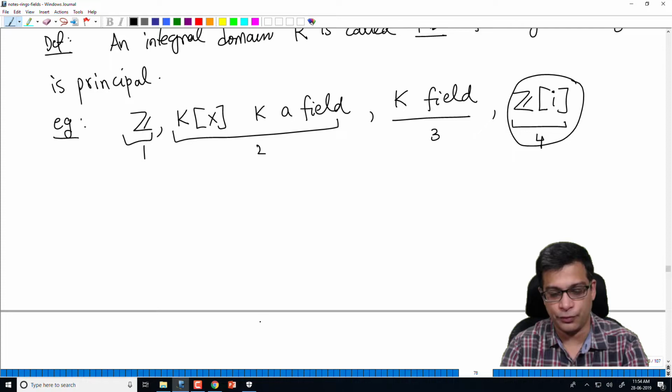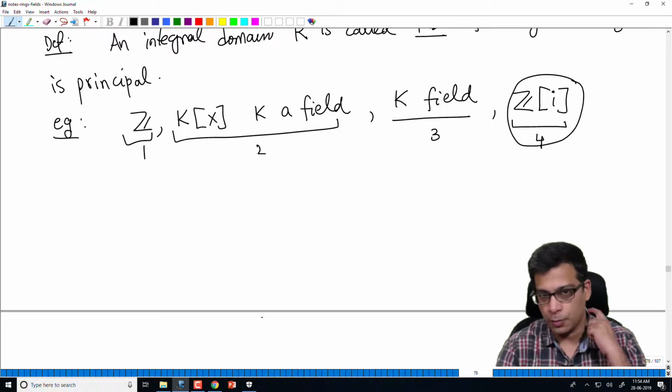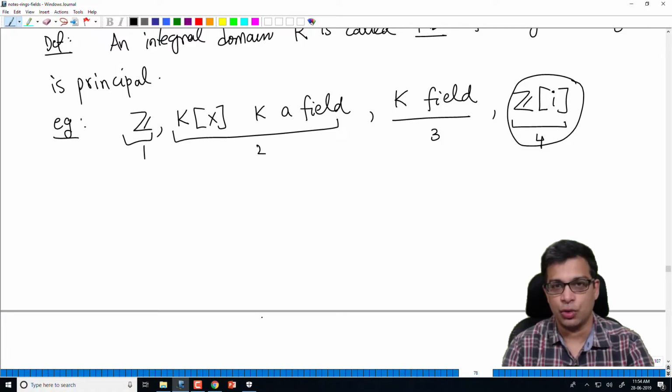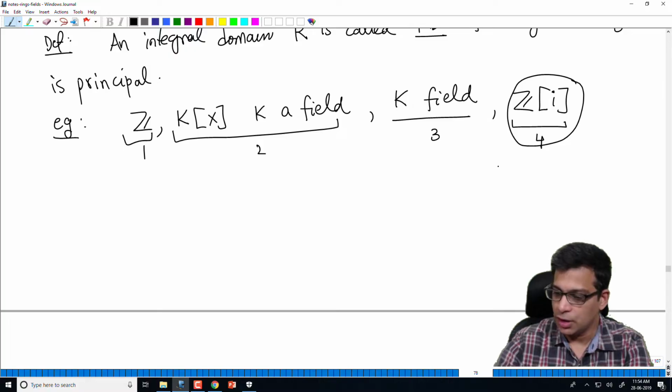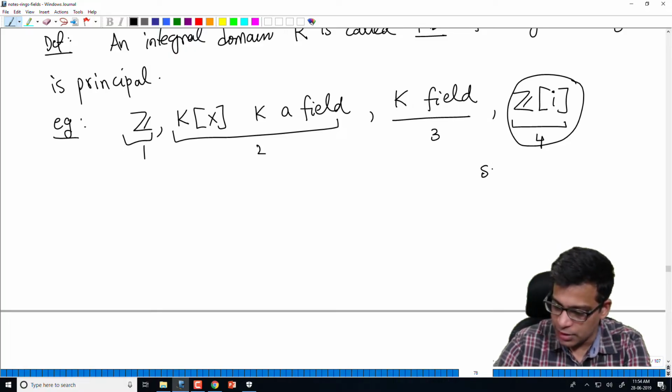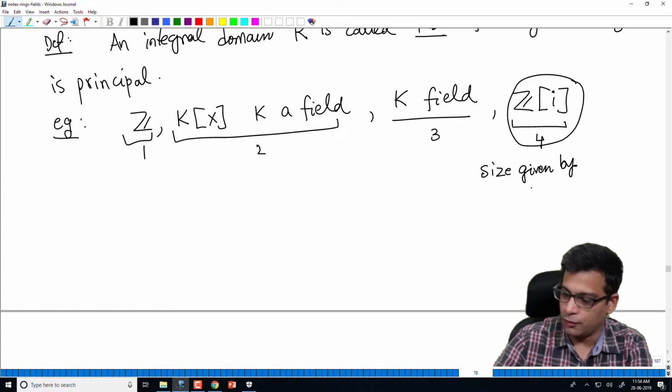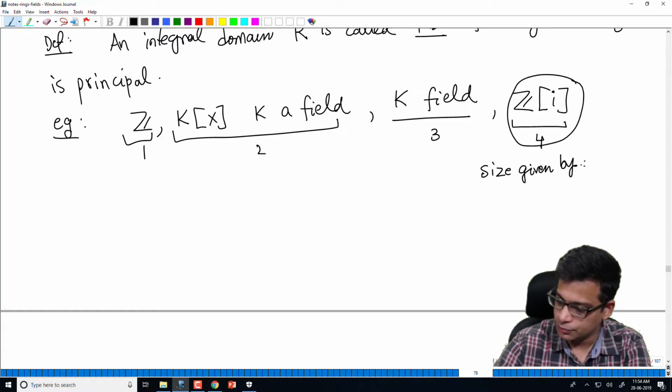We have the notion of size in these rings. Size of an integer is just its absolute value. Size of a polynomial is its degree. So given any ideal, we picked an element with the least degree in the polynomial ring and the least positive number in the case of integers. Here we have a size given by the norm of an element of this ring.